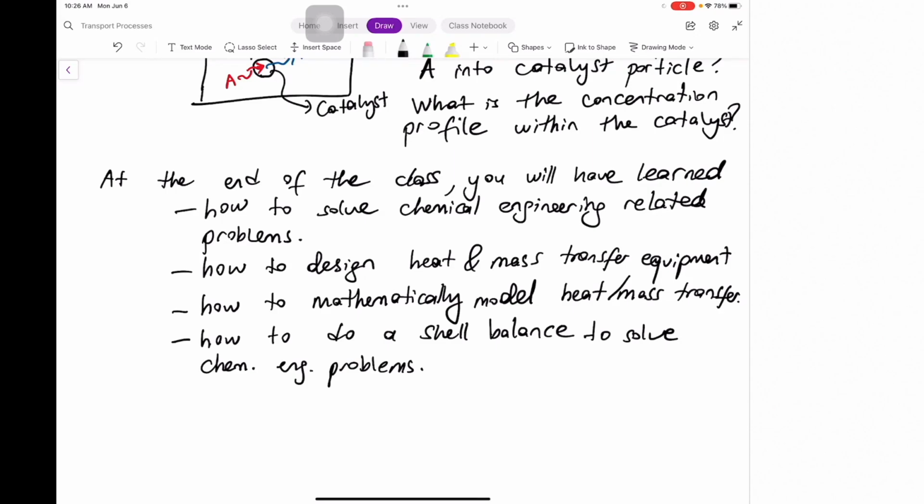Anybody who can help me with that? Did you already learn shell balance? No. Okay, so this is a very powerful tool to solve chemical engineering problems, to generate differential equations to solve problems.